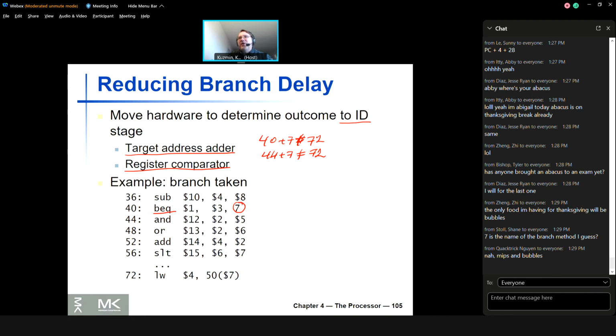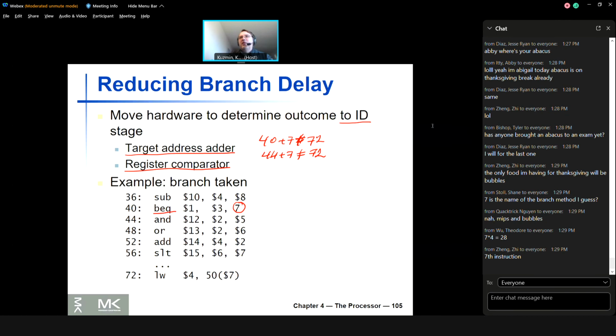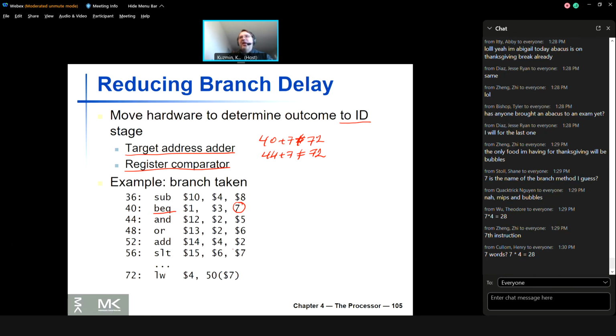It's the 7th instruction. How do you count 7? 1, 2, 3, 4. Exactly. So both people who said 7th instruction and 7 words are correct.